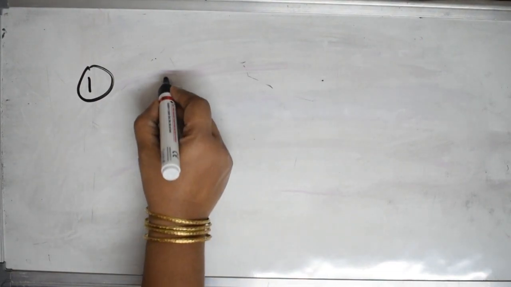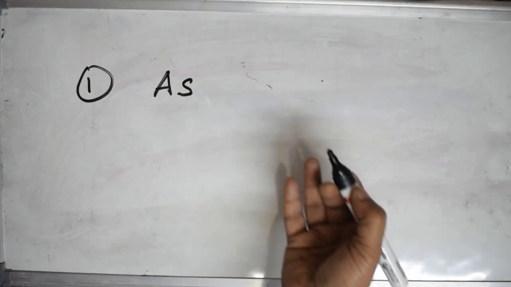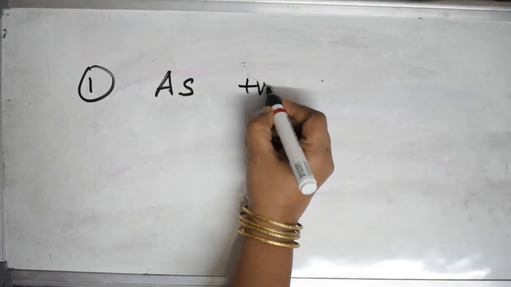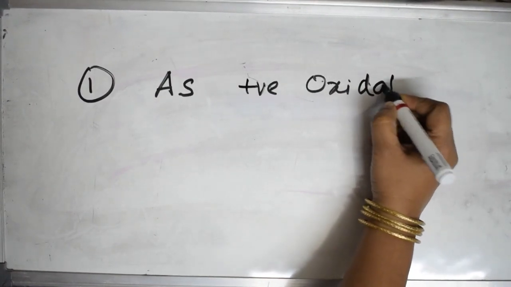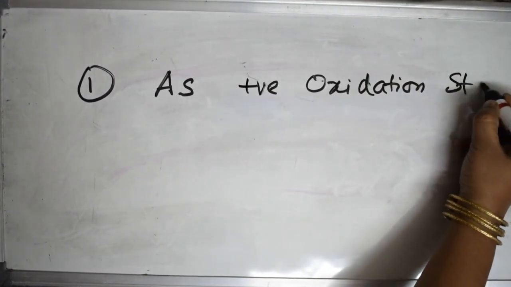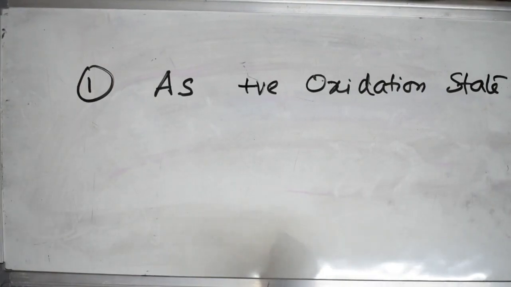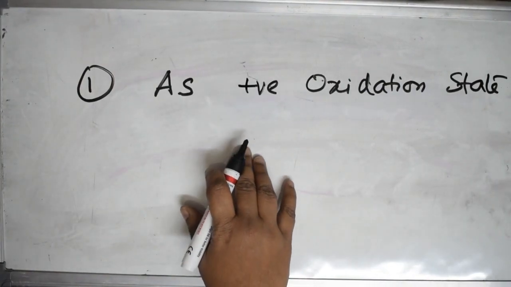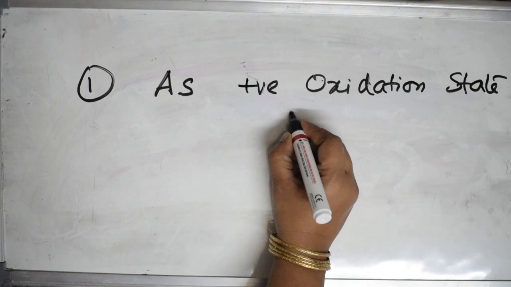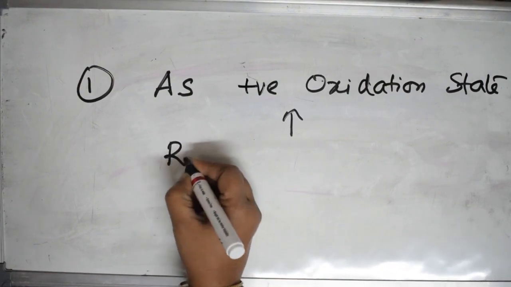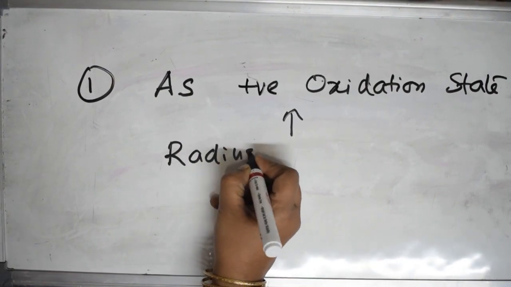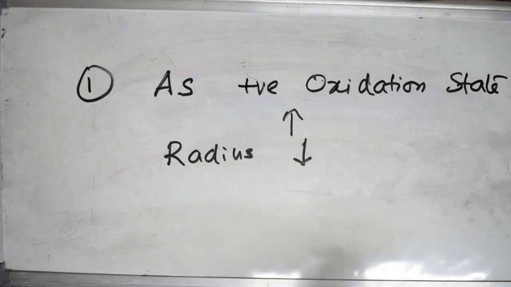The first statement is: as positive oxidation state increases, the radius decreases. First write the reason and then understand. What is important here is that the positive oxidation state increases, radius decreases. This is what you need to remember.